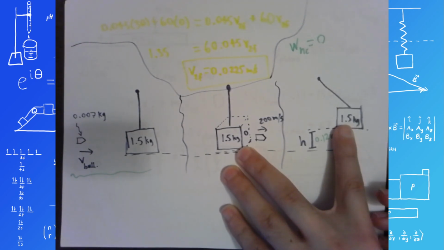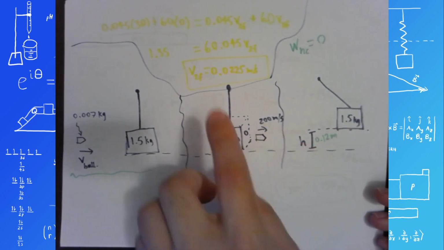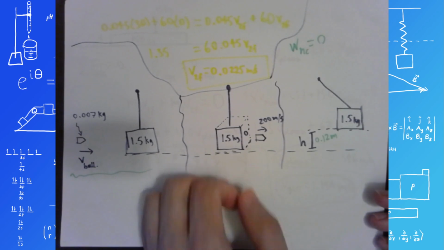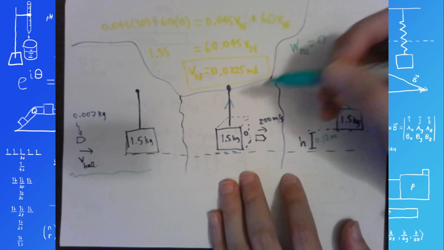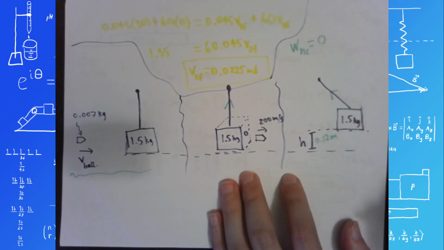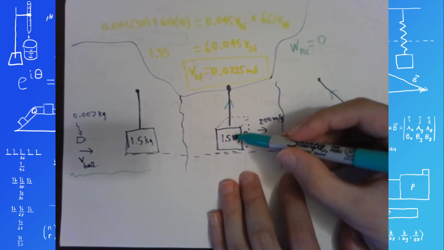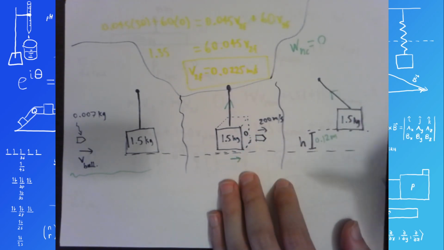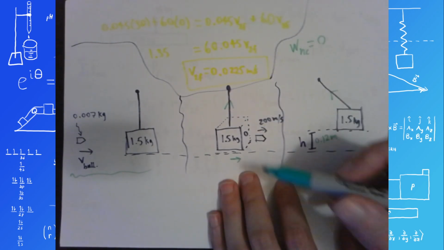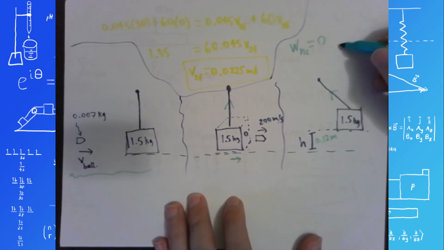Well, the forces acting on the block are the force of gravity, which is conservative, and the tension force in the string, which is not conservative, but the tension force in the string will do 0 work because as this object swings, the direction of the tension force is going to be perpendicular to the way that the block moves. When the block is at the bottom, it will be moving horizontally to the right at first while the rope is pointing vertically up. Then as it swings, I guess I'll draw it over here.